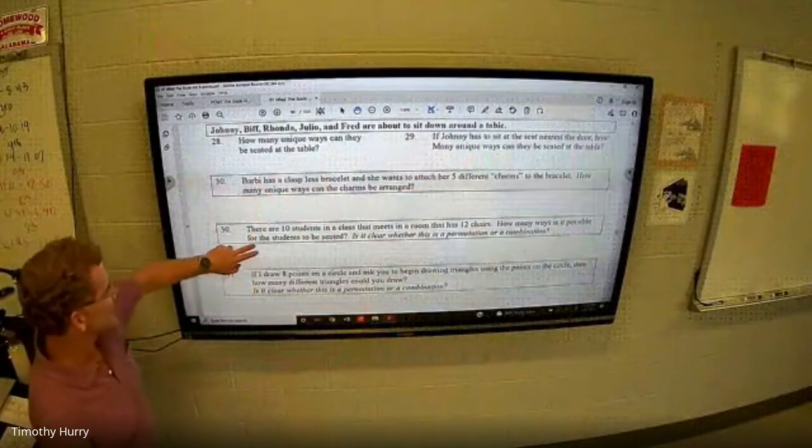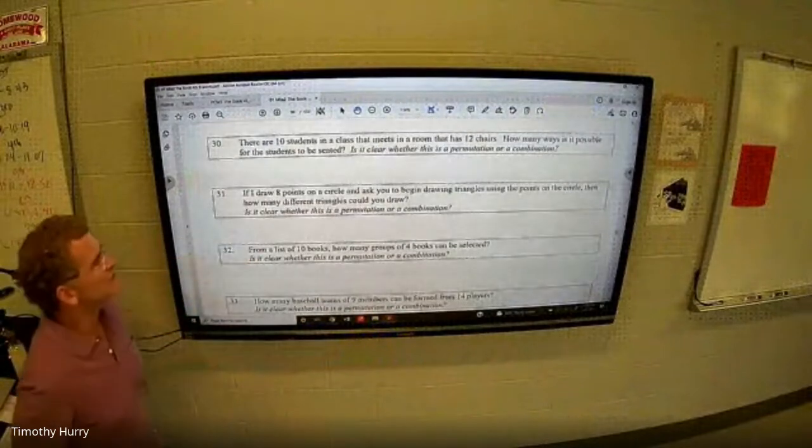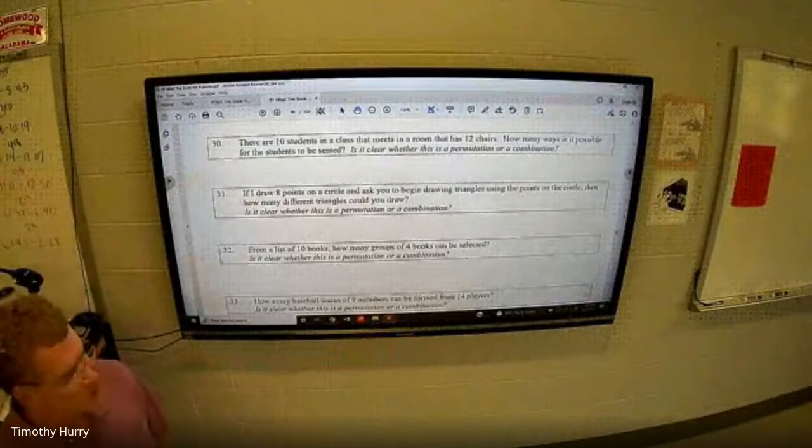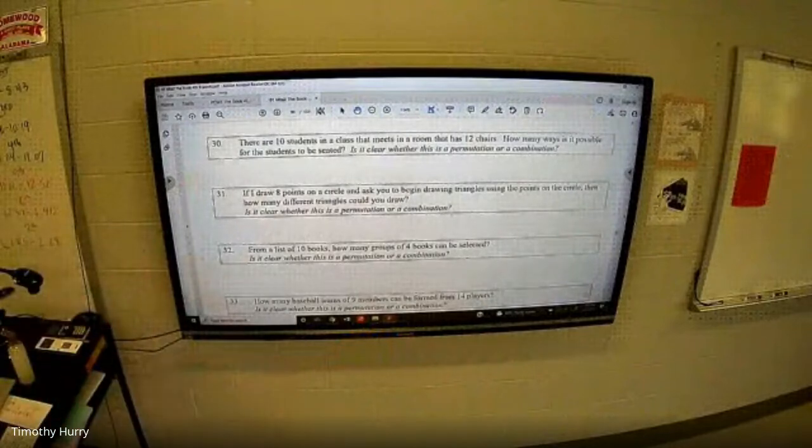Okay, what about number 30? This bothers a lot of people. 10 students in a class that meets in a room that has 12 chairs. How many ways is it possible for the students to be seated?